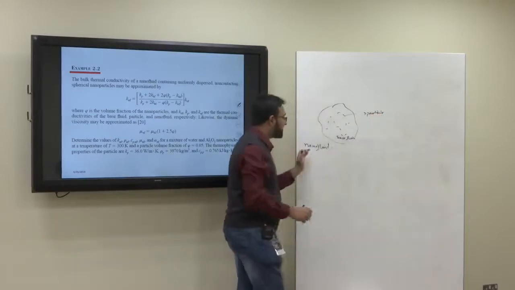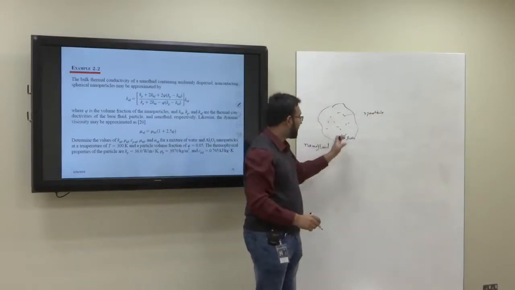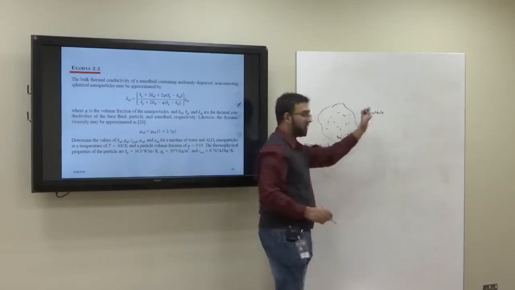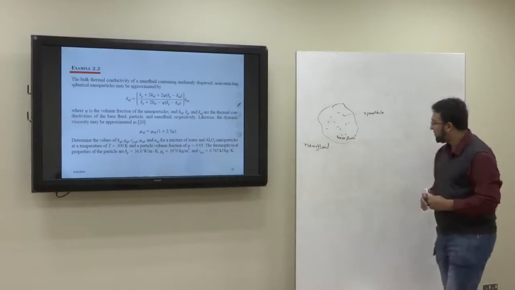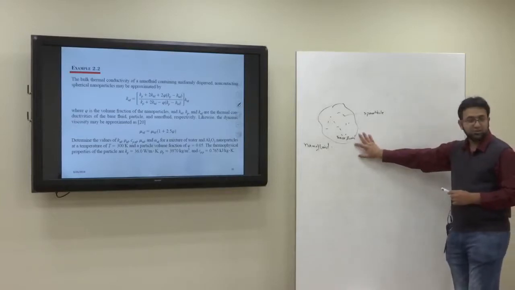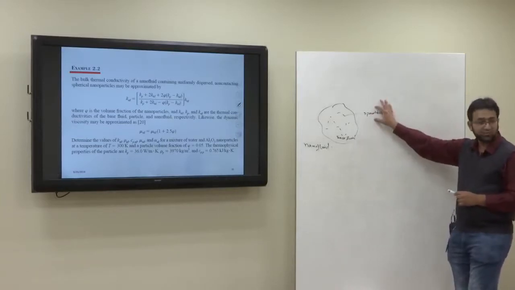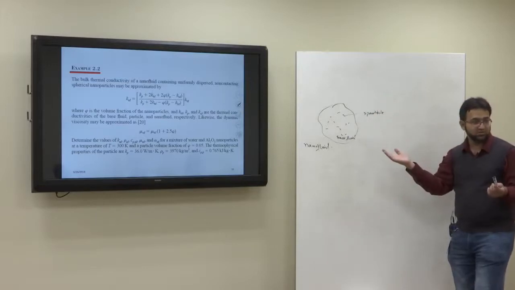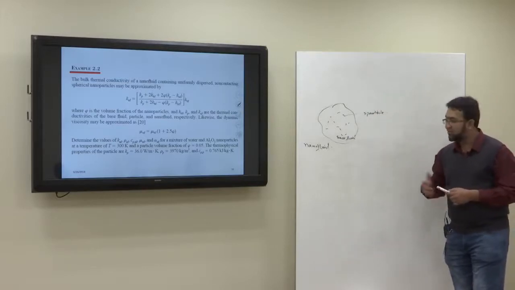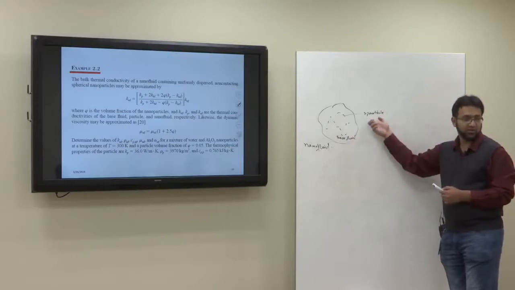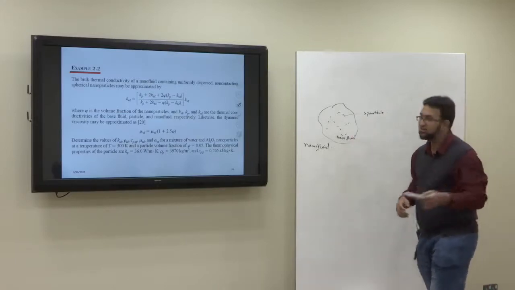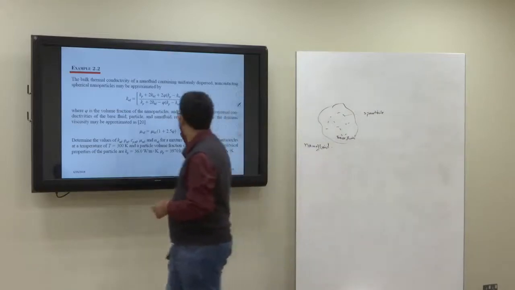So nanofluid is basically a combination of base fluid plus particles, right? So we cannot directly use the property of the base fluid, neither can we directly use the property of the particle, because it is a mixture of two things. So if I want to know the thermal conductivity of the nanofluid, it cannot be that of the base fluid, it cannot be that of the particle. But it is defined by this formula.